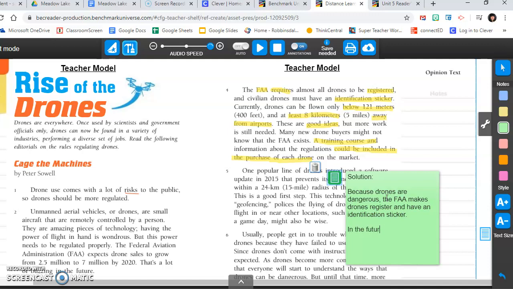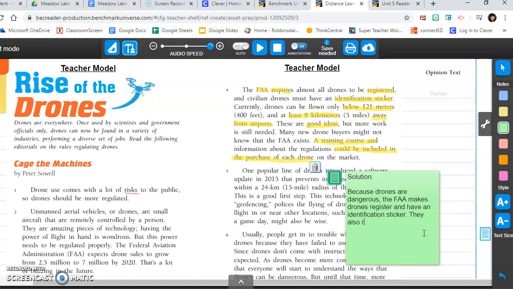In the future, I want to go back. Not only did it say that drones have to register and have an identification sticker, but it also says they must stay a certain distance away from airports and other airplanes and aircrafts. So I'll add that in as well. Because drones are dangerous, the FAA makes drones register and have an identification sticker.